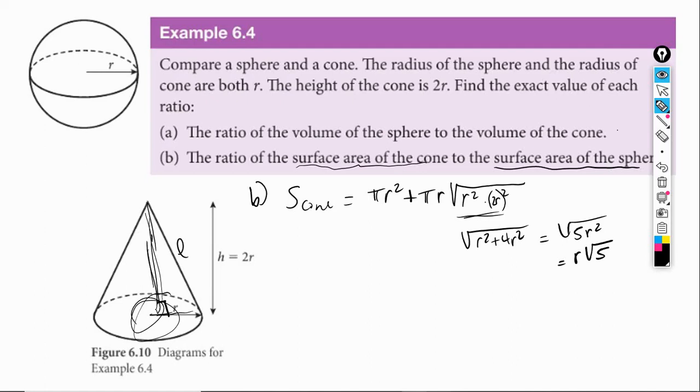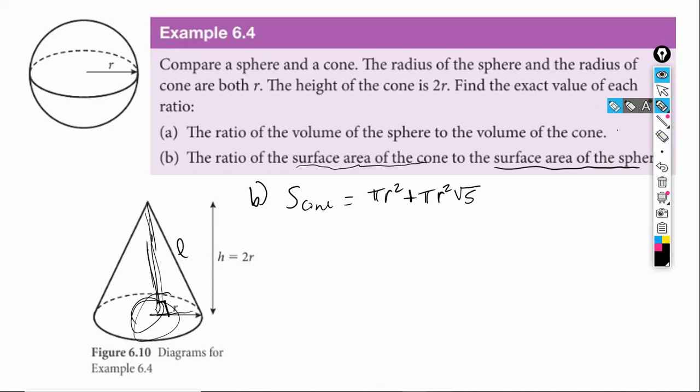So notice then that in reality, I can rewrite this thing as r squared square root of 5. So the reason I'm doing this is because I want, of course, a simpler expression in terms of r only.